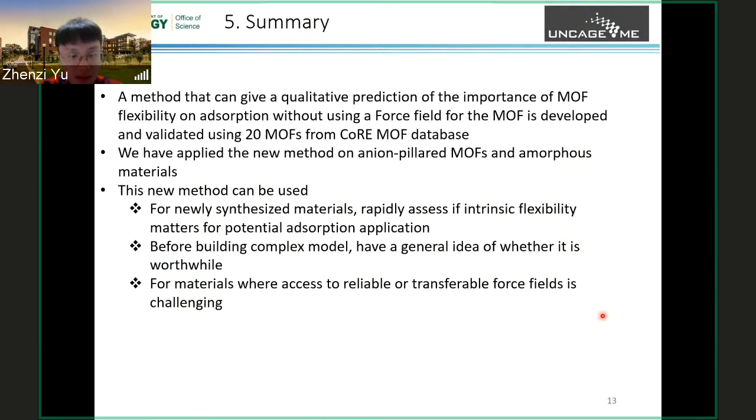And this new method can be used, first, for newly synthesized materials, to rapidly assess if intrinsic flexibility matters for potential adsorption applications. And second, it can be used before building a complex model and enables you to have a general idea of whether it is worthwhile to build a complex model. And finally, this method can be used for materials where access to a reliable or transferable force field is challenging.